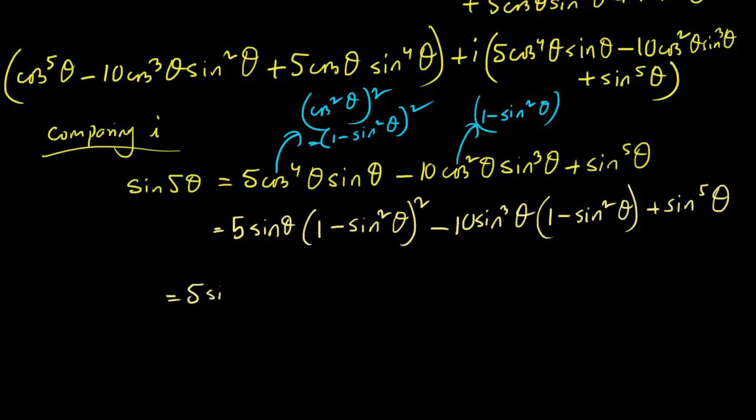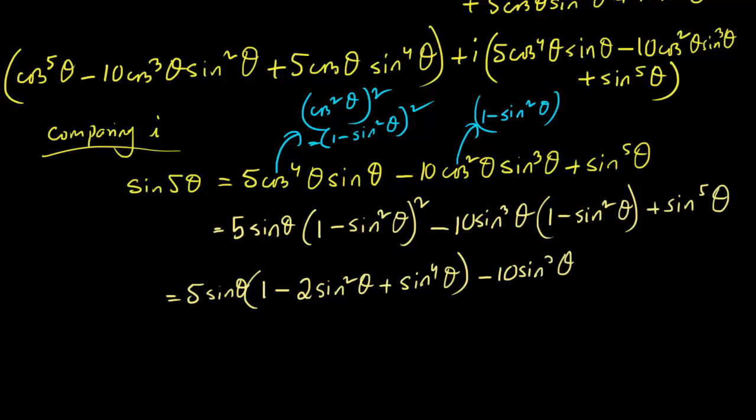So we can write 5 sin θ. (1 minus sin squared θ) whole squared is going to be (a minus b) whole squared. So a squared, which is 1, minus 2ab, which is going to be 2 into 1 into sin squared θ, plus b squared, which is going to be sin to the power 4 θ. Now this is going to be minus 10 sin cubed θ into 1, which is minus 10 sin cubed θ, plus 10 sin to the power 5 θ, plus sin to the power 5 θ.